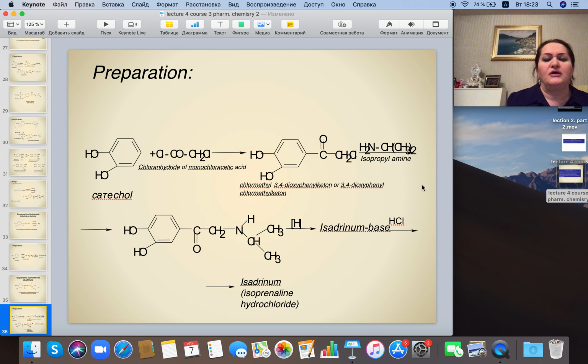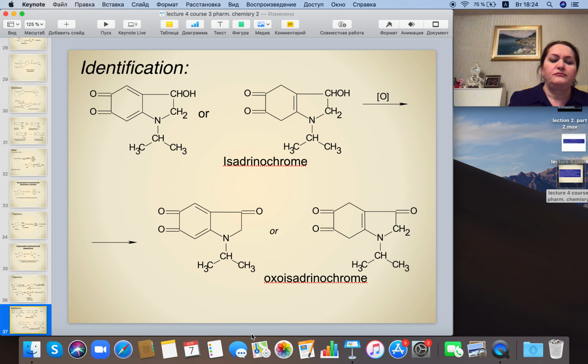In the presence of isopropylamine we receive this substance, and after hydration we receive isodrine base, and with hydrochloric acid we receive isodrinum, or isoprenaline hydrochloride.